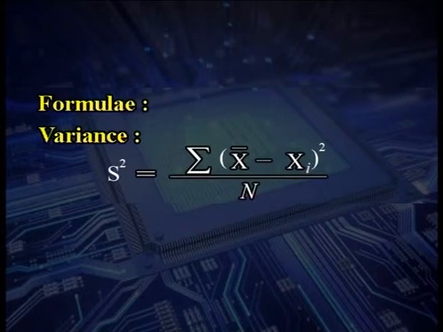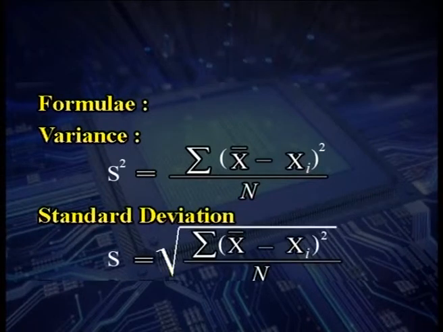If you use this formula, you can find out the variance. Once you know the variance, the square root of the variance will be the standard deviation. S, that is the standard deviation of a sample, would be equal to the square root of summation of xi minus x bar, or x bar minus xi, you can take anything, whole square divided by n.